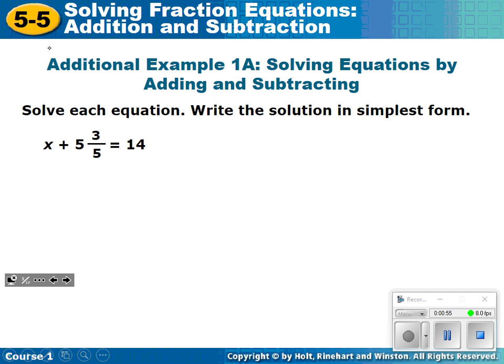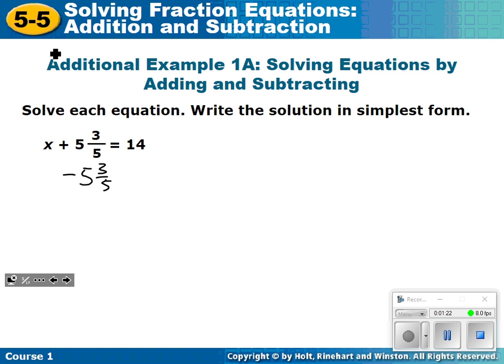And when we are adding 5 3/5 to x, now remember, what's the second rule? Do the exact opposite. What is the exact opposite of plus 5 3/5? Subtract 5 3/5. So we subtract 5 3/5.